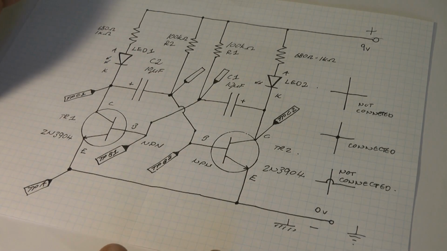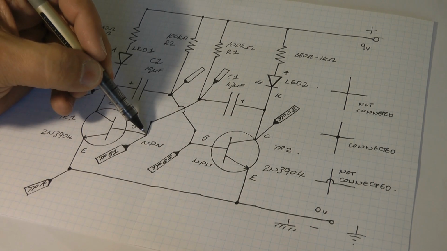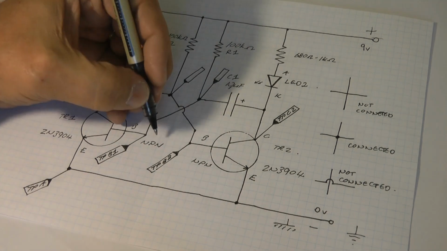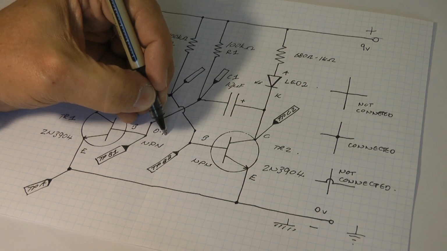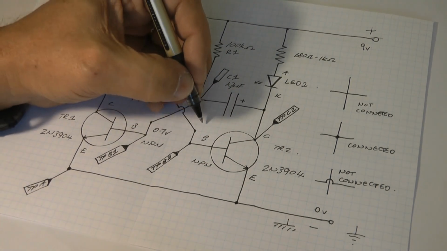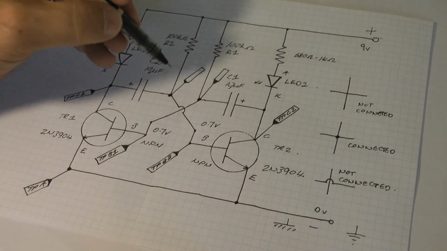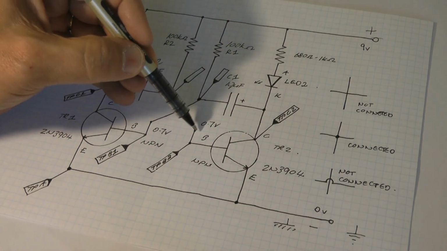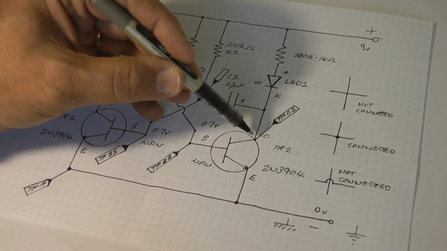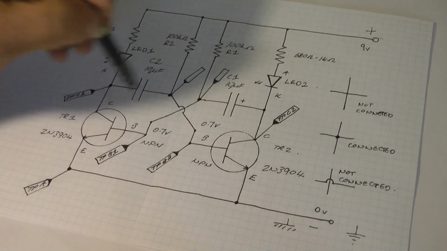What we discovered previously is that the voltage here will go up to 0.7 volts, and the voltage here will go up to 0.7 volts, at which stage the transistor will switch on, and then a whole lot of other stuff starts to happen.